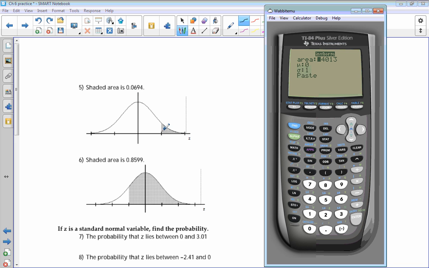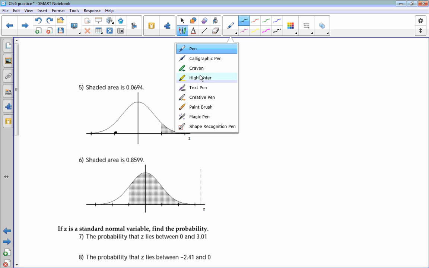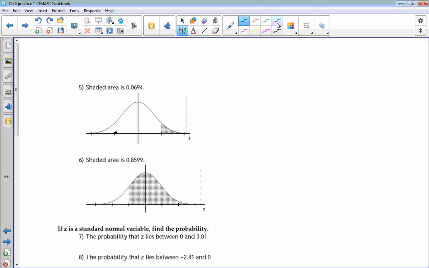So if I'm entering this area, it would be the same if I use it by reflection. If I said this area, those 2 areas are equal because of symmetry of the curve.